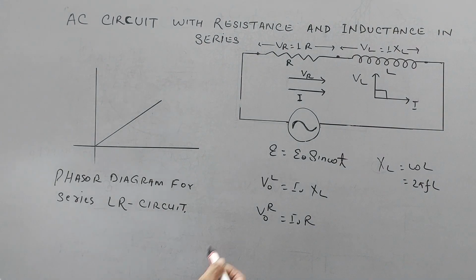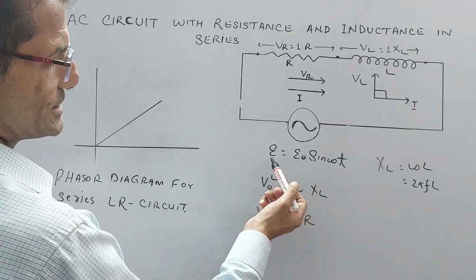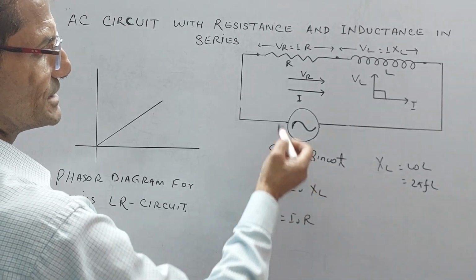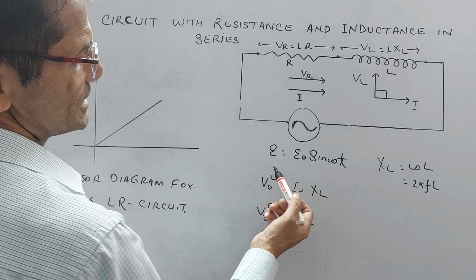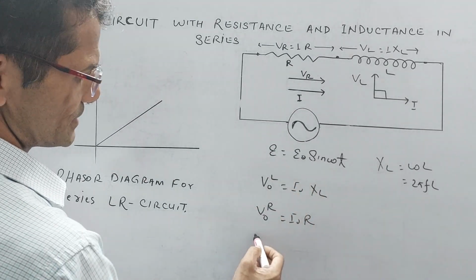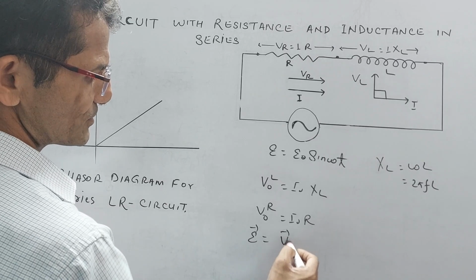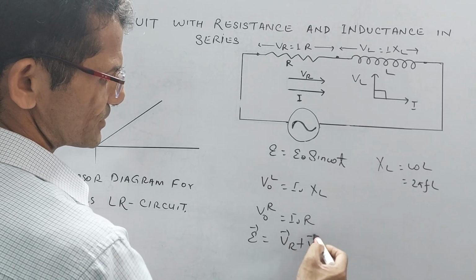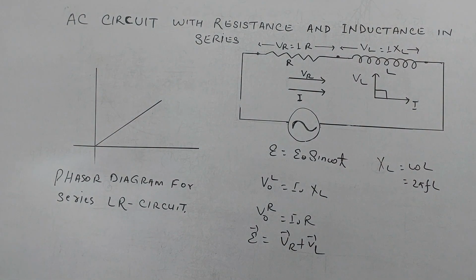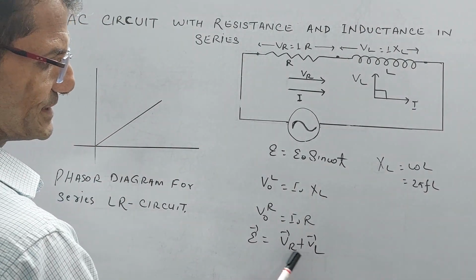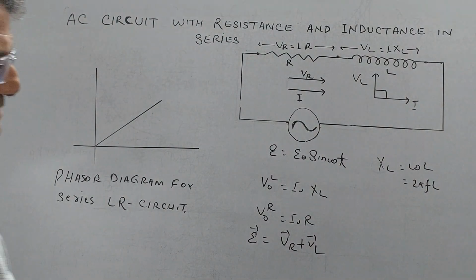So let us start. Suppose this is the net voltage of the AC source applied at a particular time. This voltage E in vector form is the voltage across the resistor plus the voltage across the inductor. These are the vector sum we are using. We are treating voltage and current as phasor vectors.